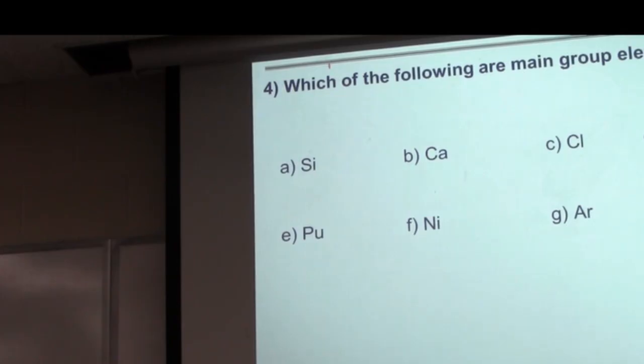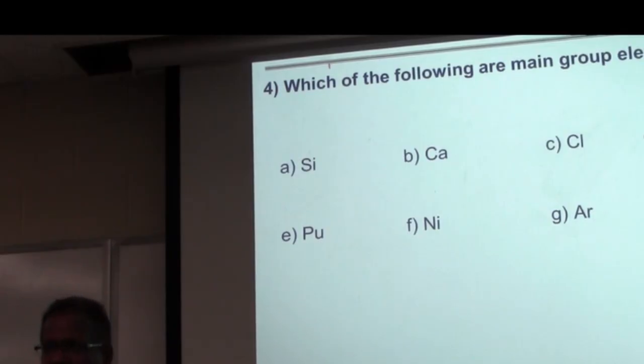Which of the following are main group elements? Silicon is a main group element. Why? It's in the group with the A's, right? Calcium is a main group element. Chlorine is a main group element. Europium? No. Plutonium? No. Nickel?